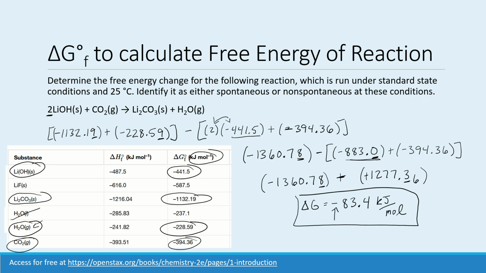And they're asking whether it's spontaneous or non-spontaneous. Again, all that matters is the sign. So because delta G is negative, that indicates that we have a spontaneous reaction under these conditions.